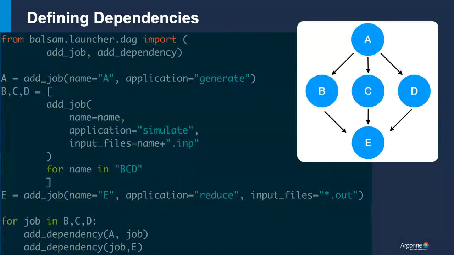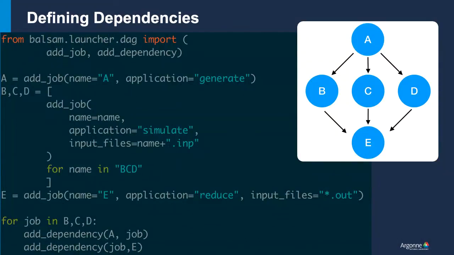So here you can see that we've set up the jobs in the beginning of the script, but focus your attention to the last 3 lines. Here we loop over the 3 middle jobs, B, C, and D, and we create a dependency from the parent job A to each of them, and then another dependency from the intermediate job to the final reduction step.